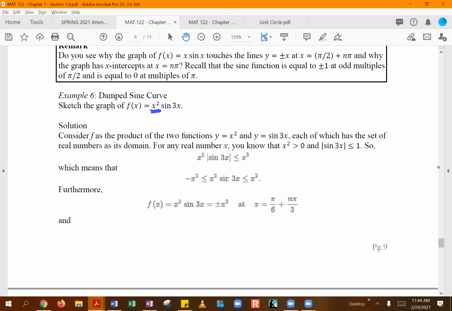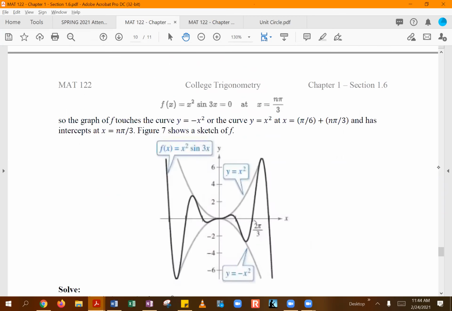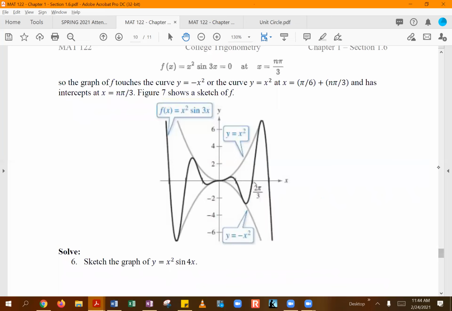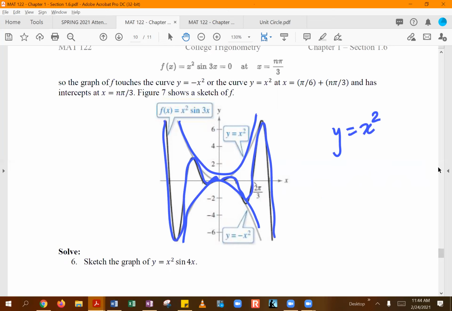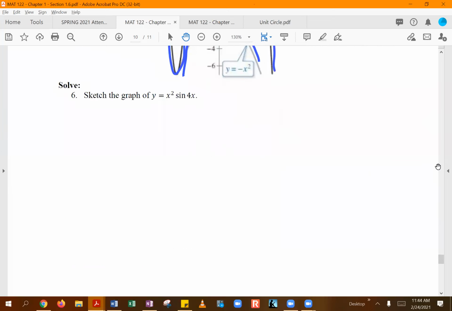So you've got x squared times sine of 3x. Of course, x squared is a parabola, so you will see it now has this little parabolic shape, opening up and down. But then again, your sine function is restricted between those lines. So that's how this little damping factor works out to be.